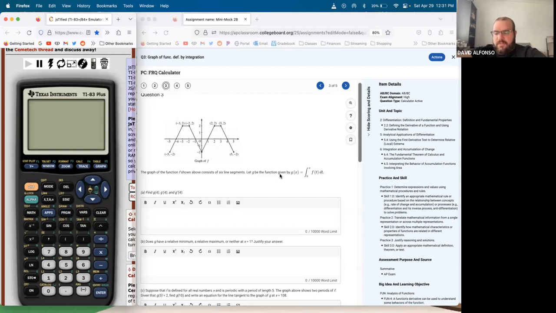Right, so what does that mean? Okay, good. I think everyone got it. So to find a relative maximum, you need to find where G prime is equal to 0. So G prime of x is equal to f of x, and it equals 0 at x equal 1. I mean at many, but they're just asking at x equal 1.